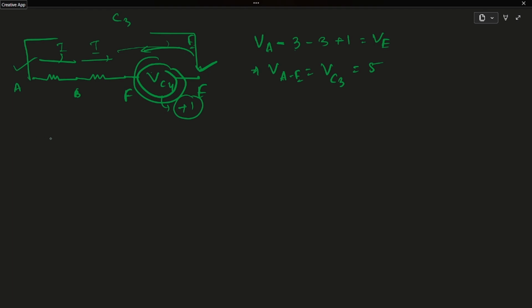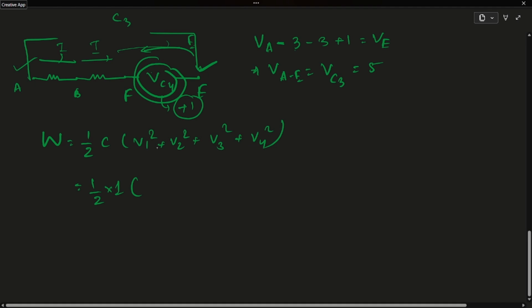If the capacitors are the same, I can write the total energy as half C times V1 square plus V2 square plus V3 square plus V4 square. Half C is basically 1 millifarad.